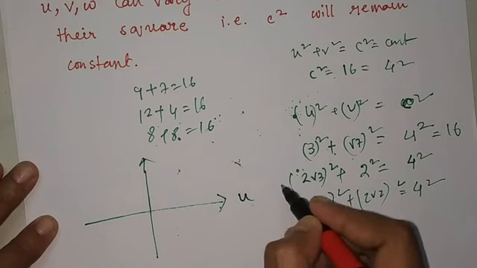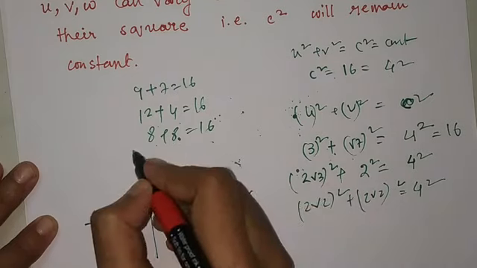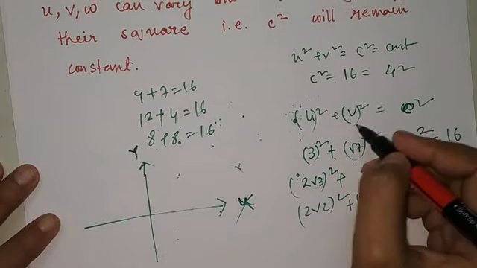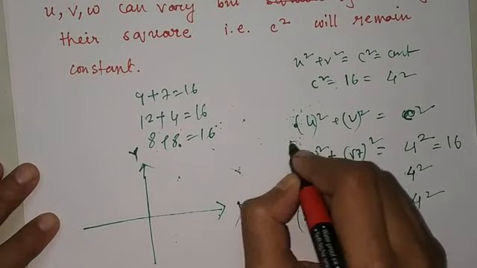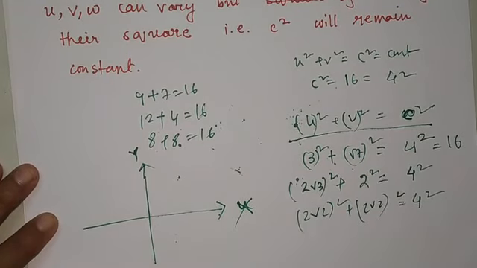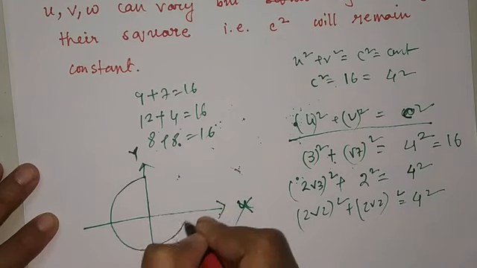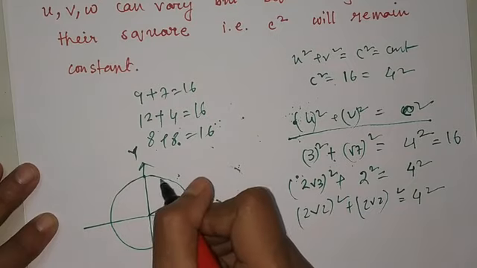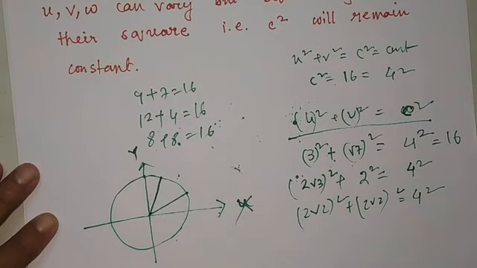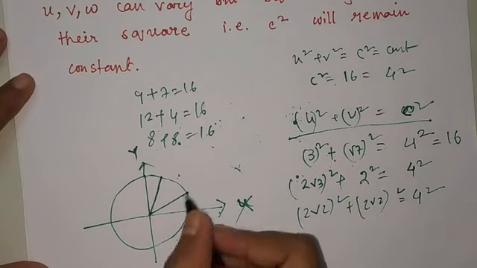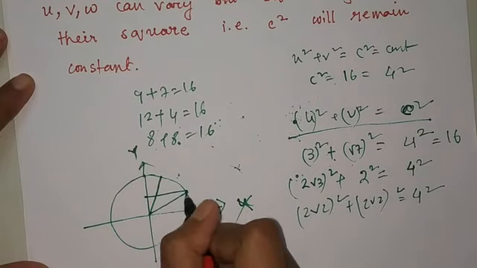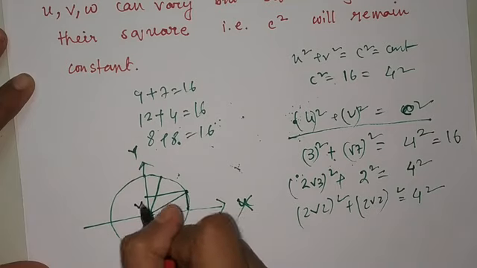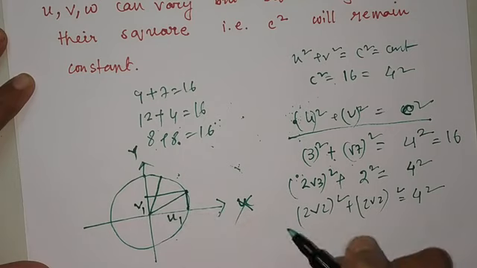Okay, along the x-axis we are plotting U, and along the y-axis we are plotting V. So U square plus V square equals C square, where C square is a constant, is an equation of a circle where the radius is equal to C. So suppose this is C, and here this is also another radius which is equal to C. So if you take projection on the x-axis, you will get U, and projection on the y-axis will give you V. So it is one set of U and V.